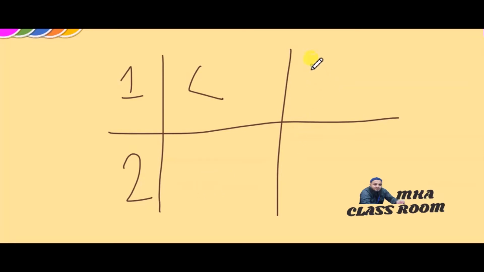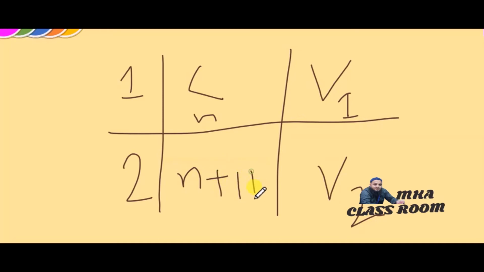That's why we may call the first stage V1 and the second stage V2. The first should continue for period n, and the second should continue for period n plus 1 to infinity.